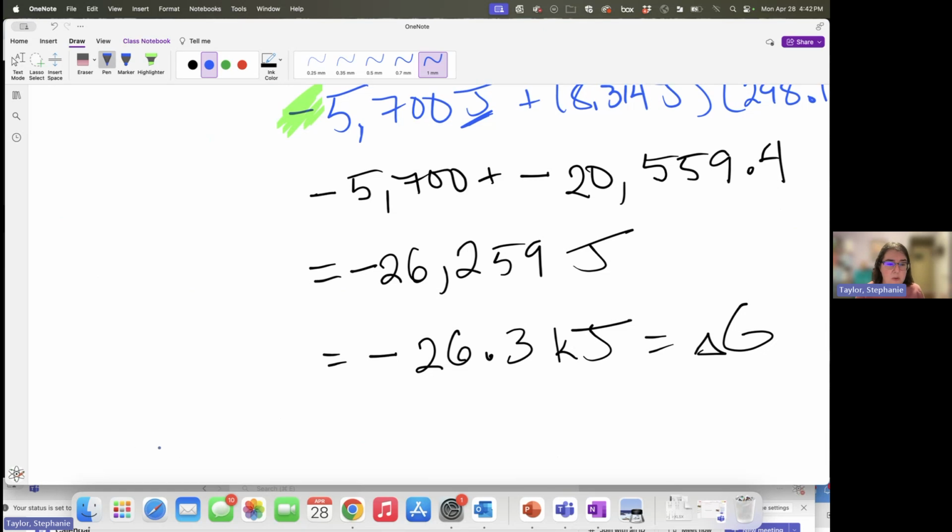What we're going to do is go in between these two different letters.